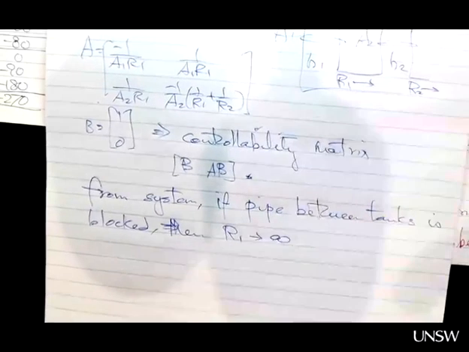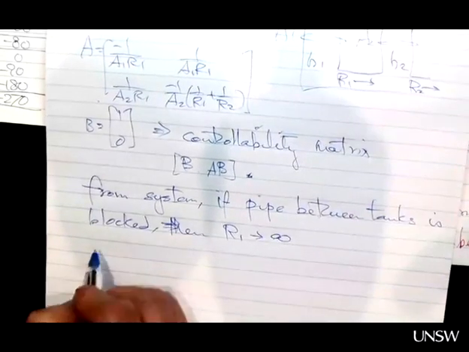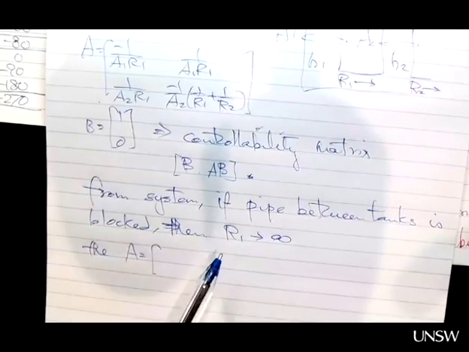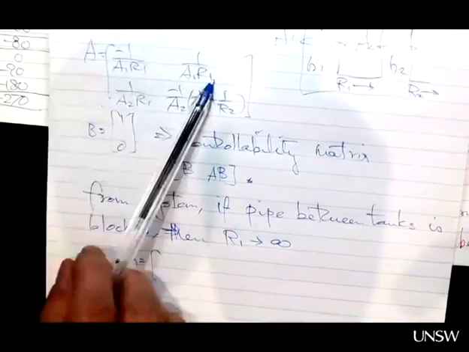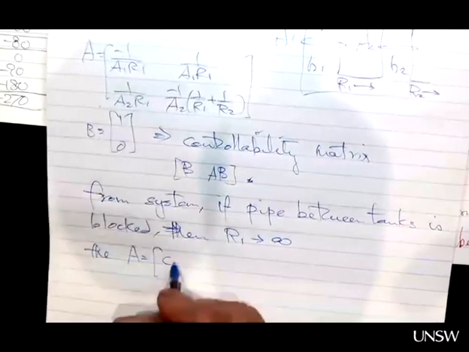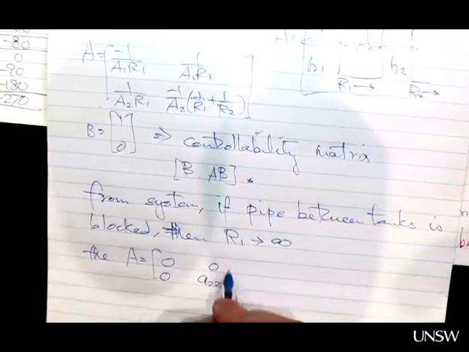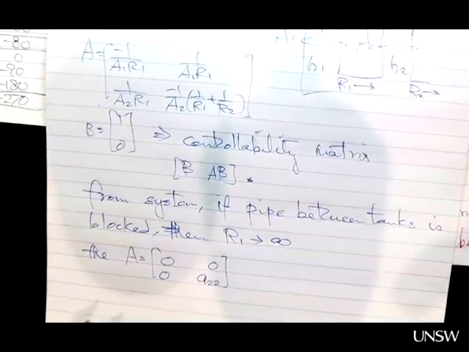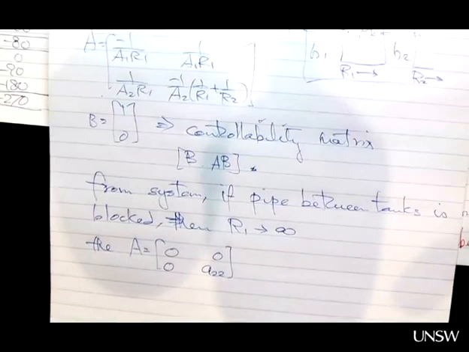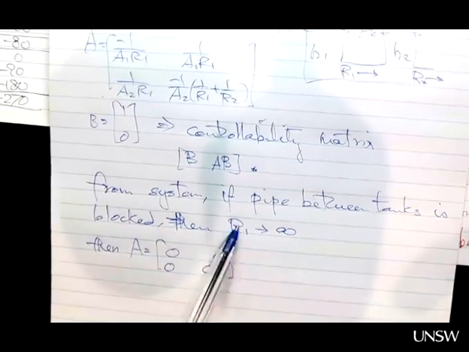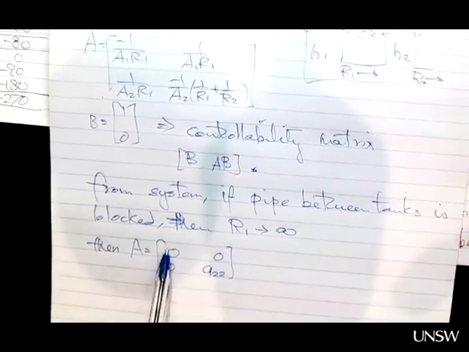Then the A matrix becomes, with R1 going to infinity, 0, 0, 0, and then some numerical value A22. Agree with this? Because the resistance is infinite, three elements in the A matrix become 0.